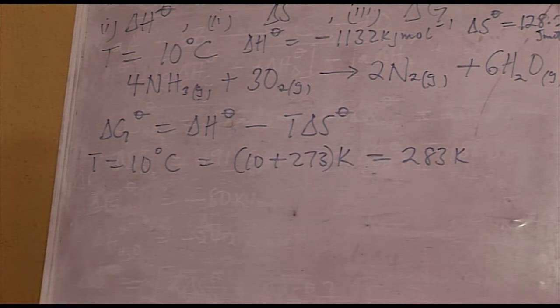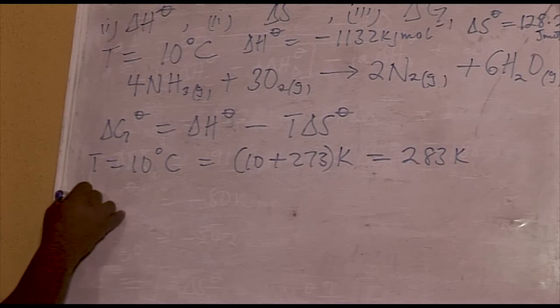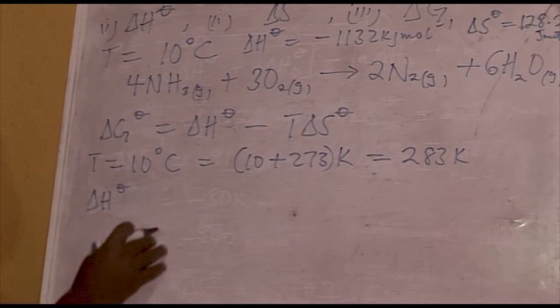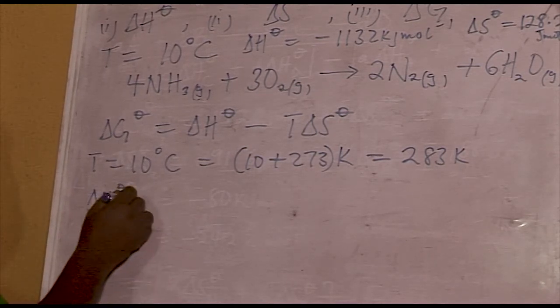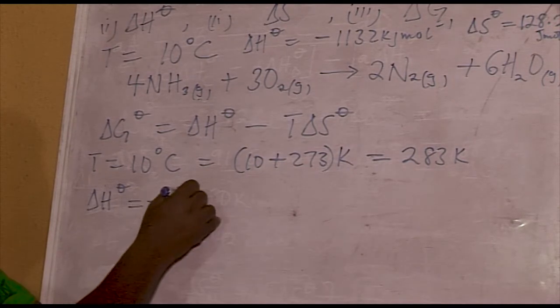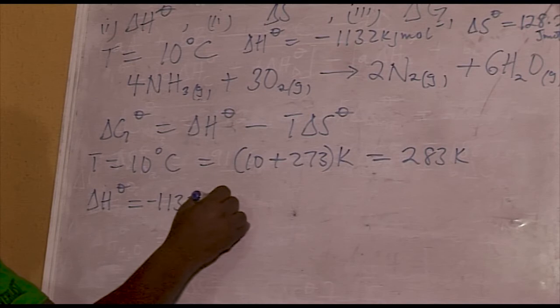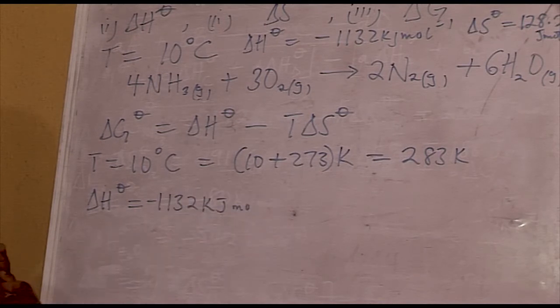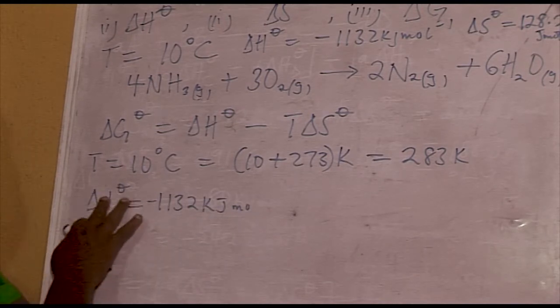We'll just have to substitute our values. But I mentioned earlier that the units of enthalpy and entropy must agree. If we choose kilojoule per mole, we should ensure that our entropy too is in kilojoule per mole. But if we choose joule per mole, we should ensure that our enthalpy is in joule per mole.